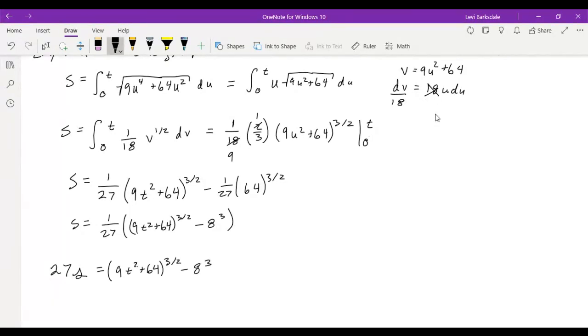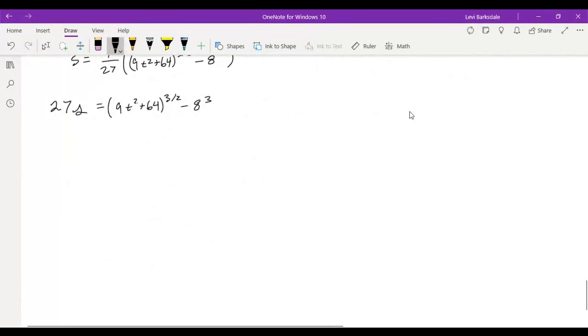Now continuing onward, we add 8 cubed to each side and then raise each side to the power of 2/3. We end up with 27s plus 8 cubed to the 2/3 is equal to 9t squared plus 64. So we subtract 64 from each side and then divide by 9.